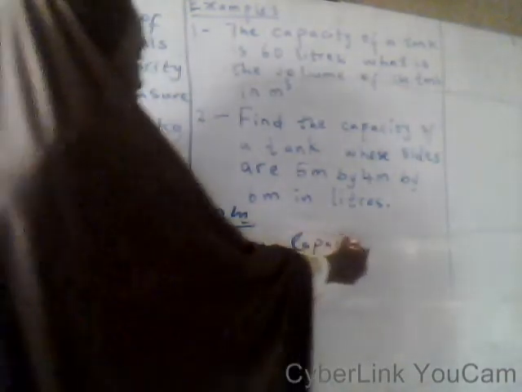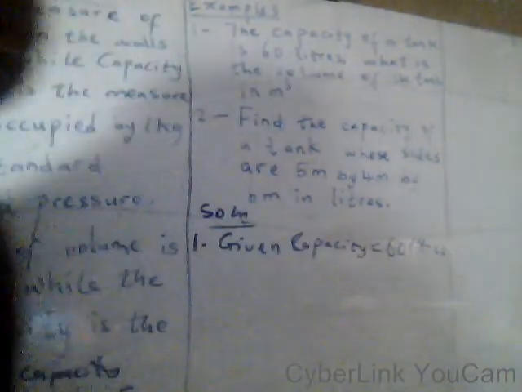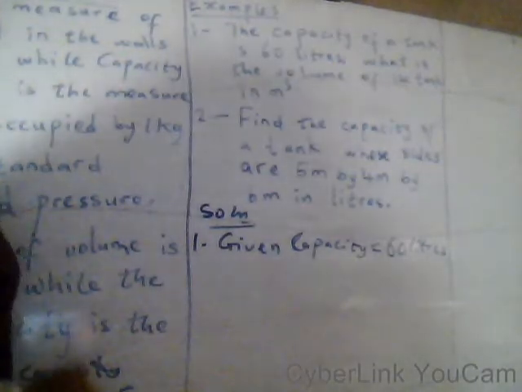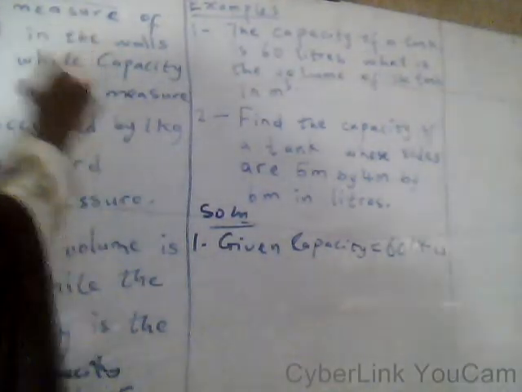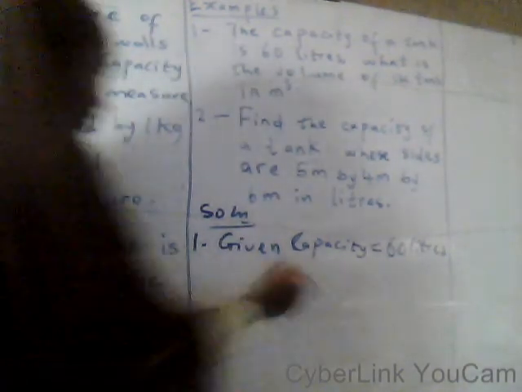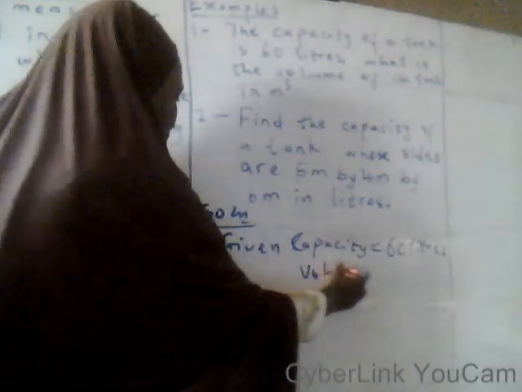We are given capacity to be 60 liters, and we have to find the volume of liquid which the particular tank can occupy. The volume, that's what we are looking for.